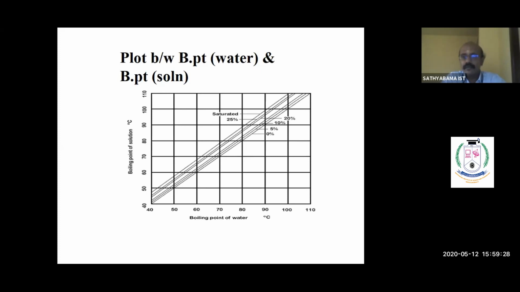The various denotations such as 0%, 5%, 10% determine the solution concentration. 0% means the solution is of zero concentration, and 5% means 5 ml of the solution with 90 ml of water added. Similarly, 10% means 10 ml of the solution with 90 ml of water. So that is the plot between boiling point of water and boiling point of solution, and from this plot, it is possible for us to determine the boiling point elevation of strong solutions.